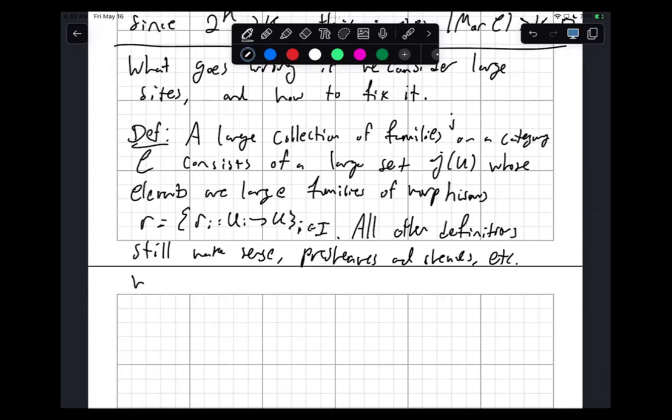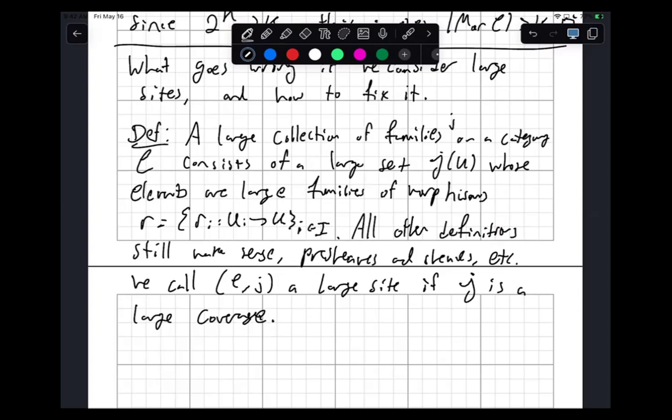So we call C J a large site if J is a large coverage, which is a large collection of families that's also a coverage, and C is large and not essentially small.